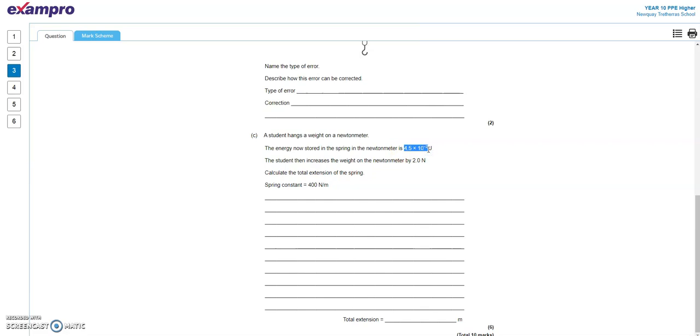That will equal whatever my spring constant is times half times my extension squared. Now I can find the extension of that spring based on how much of that first weight was, and using that, I can then figure out the next part.